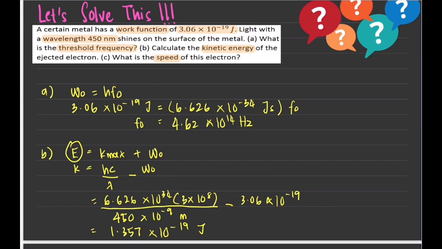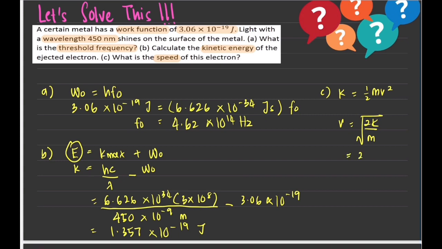Okay, for the last question, C, what is the speed of this electron? So, to find the speed, just use the formula of kinetic energy, K equals half mv squared. So v equals the square root of 2K over m.